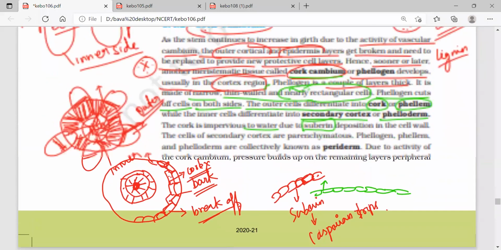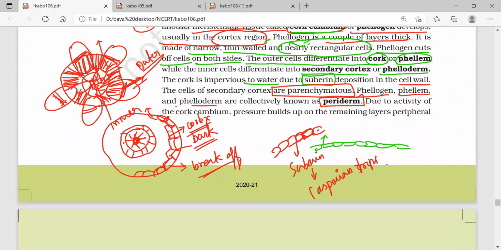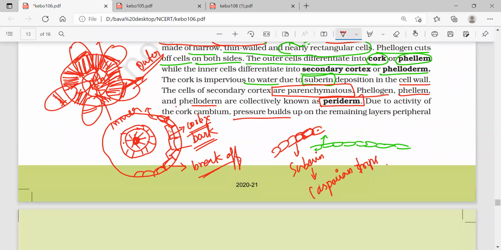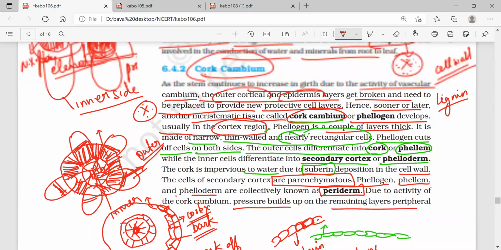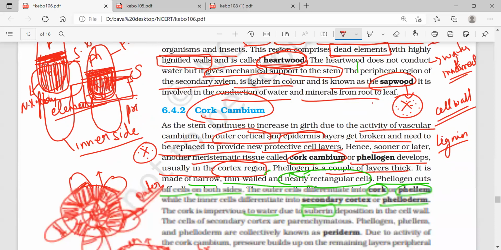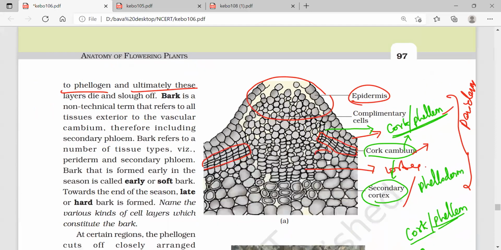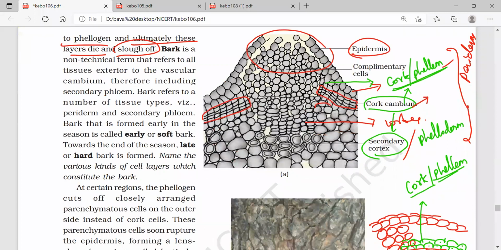Due to the activity of cork cambium, pressure builds up on the remaining layers of the outer region, this is the outer region, outside the phellogen, and ultimately these layers die and slough off. The bark is a non-technical term that refers to all tissues.